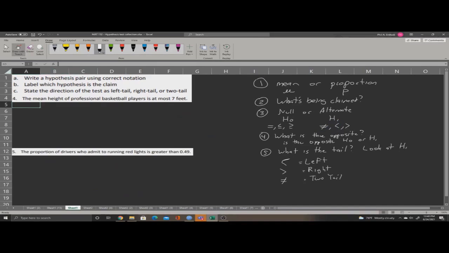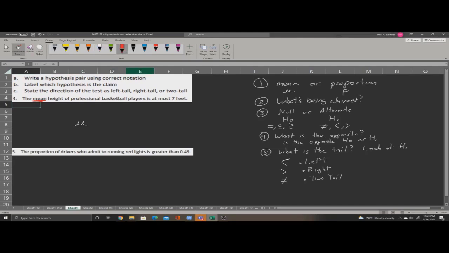Let's keep these 5 steps in front of us and do some more practice with writing hypothesis pairs. Let's go through this list of 5 steps for each problem. Starting with problem 4. The mean height of professional basketball players is at most 7 feet. Now, the first word I see here is the mean height. This tells us that we will be using mu in our claim.